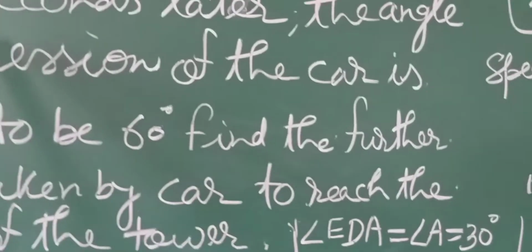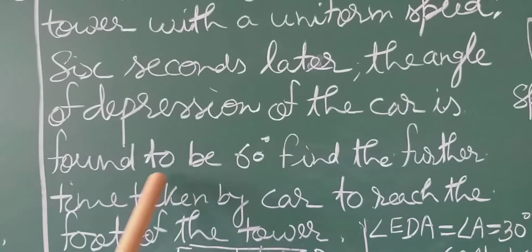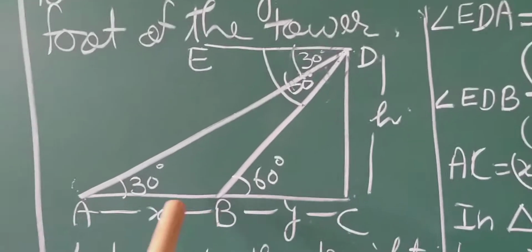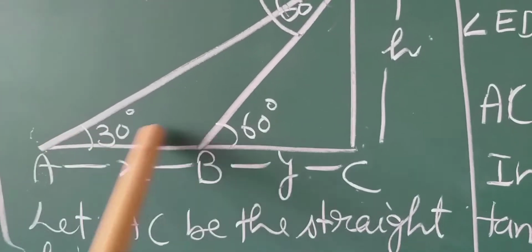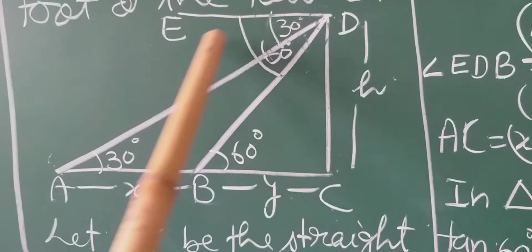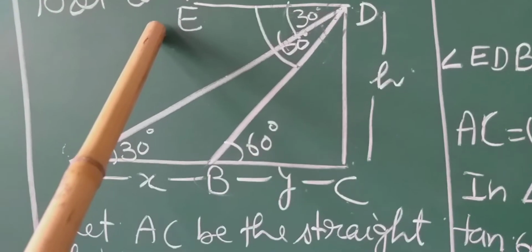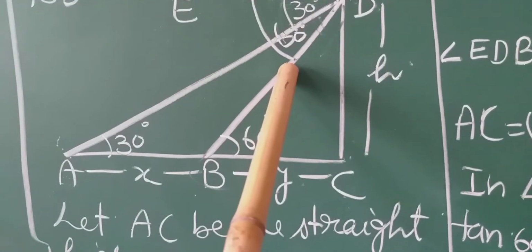Now students, 6 seconds later the angle of depression of the car is found to be 60 degrees. After 6 seconds, suppose the car comes to point B, and the angle of depression from the eye of the observer, EDB, is 60 degrees.